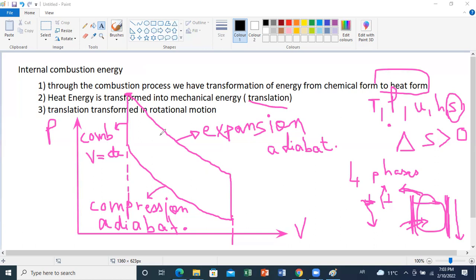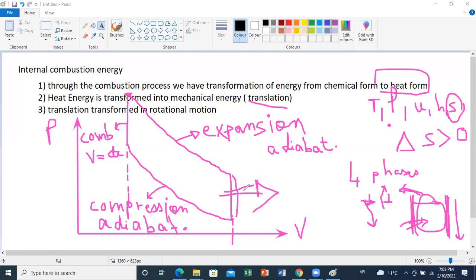So if you want to avoid modeling these complex phases of admission and exhaust while keeping the physics, you can consider that the exchange of gases is modeled through a process where you have heat transfer from your system to the environment. So you have heat rejection. Why?